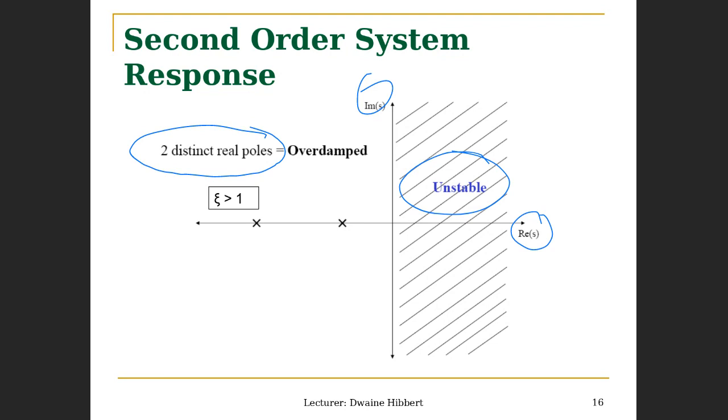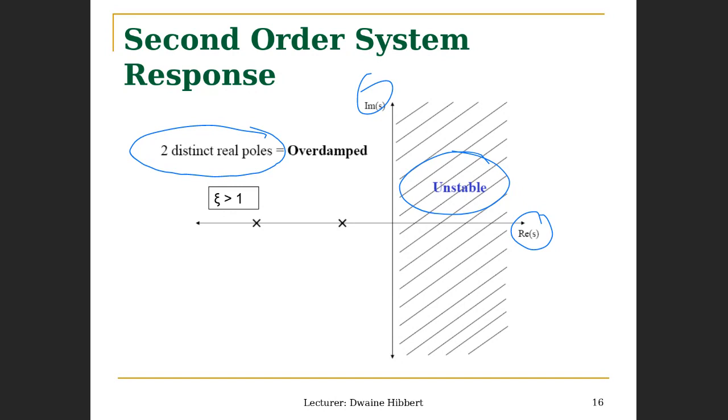Remember I said in the previous slide that for the system to be stable, all the poles, or should I say all the roots, same thing, must have negative real values. Therefore, they must be on the left-hand side of the imaginary axis. So all the poles must be on the left-hand side of the imaginary axis. Therefore, this is a stable system.